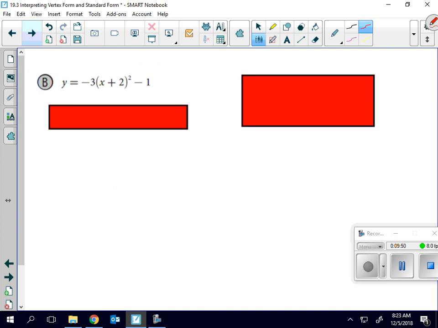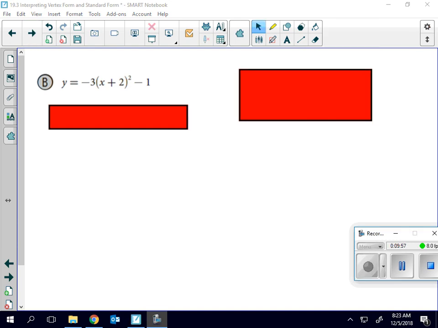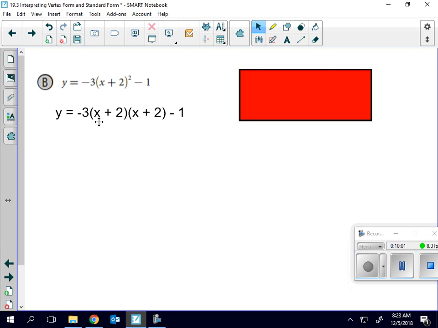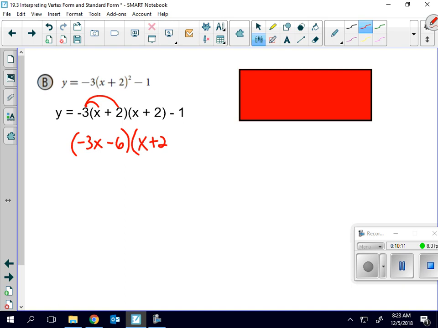All right, try this one on your own. Pause the video. Okay, so we are going to get rid of the squared, and you're going to distribute. So we have negative 3x minus 6. That product gets multiplied to x plus 2, and then we'll subtract a 1.